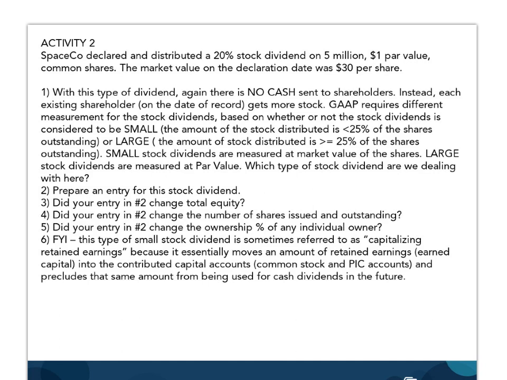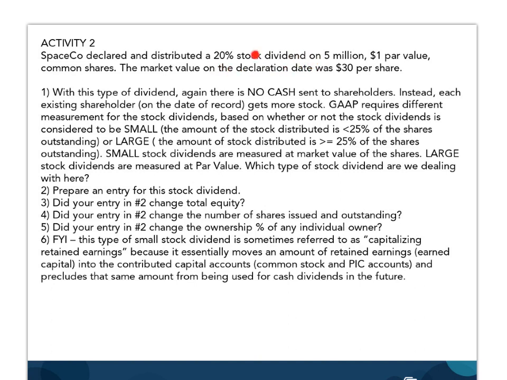So we're going to start off with the stock dividend idea, and this slide gives you a lot of information about the stock dividend. Here, rather than distributing property or cash to our shareholders, we're actually going to send them more stock.